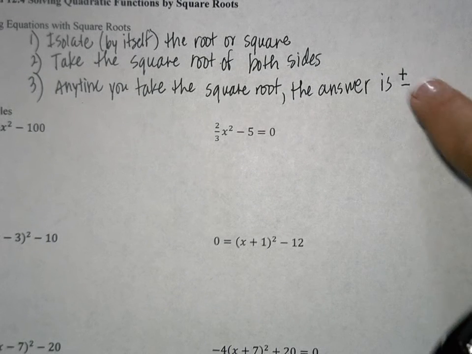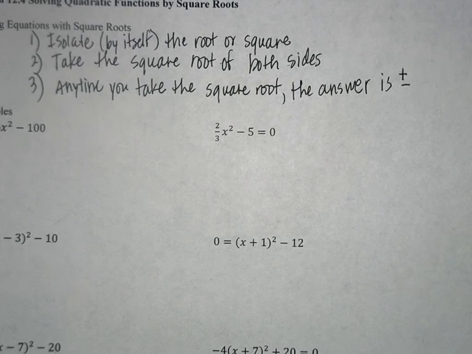Yes, and so normally we'll write it as plus or minus, meaning the positive answer and the negative. If you wanted to write the answer twice and write the positive answer and the negative, you can, but this is kind of a shortcut that we use a lot in math. Other questions? Okay, I can see a few of you still writing, so I'm just going to wait another few seconds here.